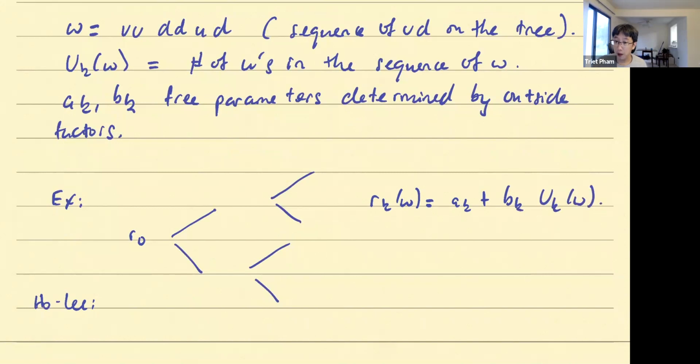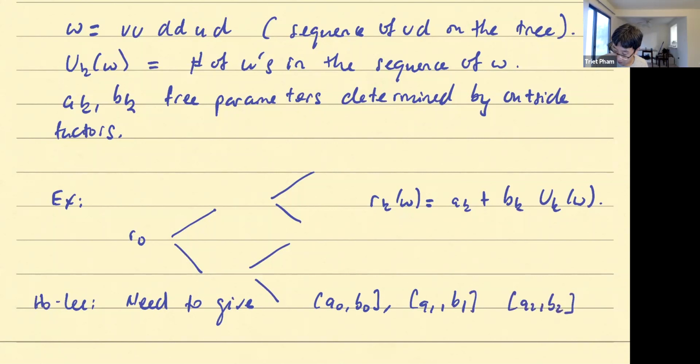So first of all, if I were to give you this as a problem on the exam or on the homework, what do I need to give you? I need to give you A0, B0, A1, B1, A2, B2. Because these are the parameters you need to populate the interest rate tree.